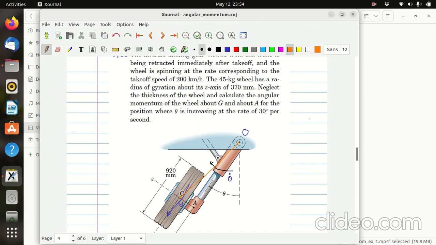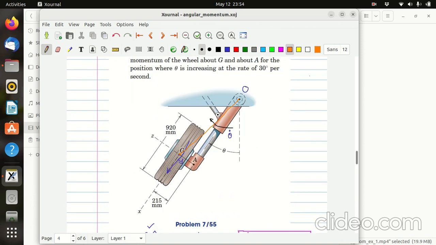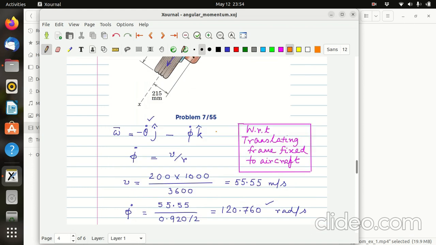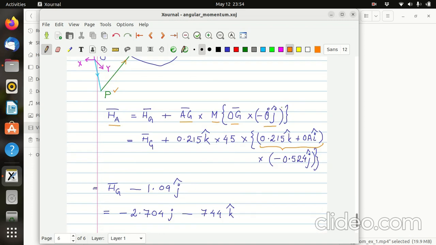OA is in the x direction, then AG in the z direction, and AG is given as 0.215, but OA is not given. So we keep OG as 0.215 k plus OA along i, and cross this.